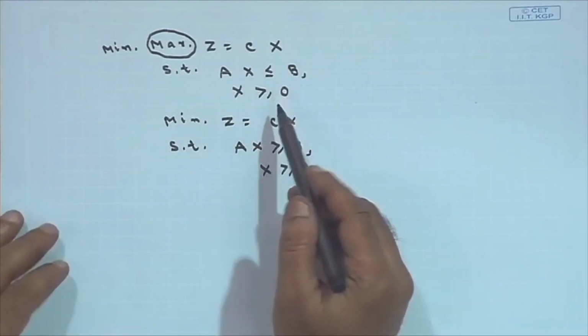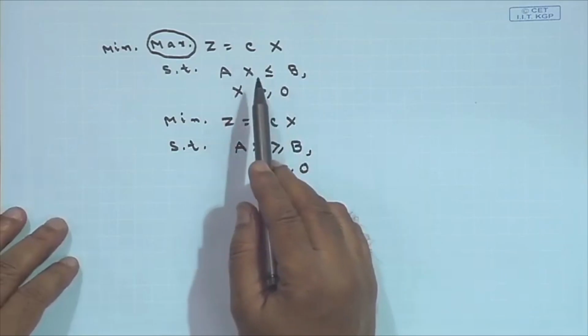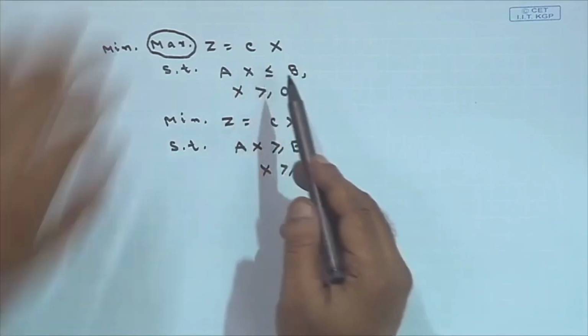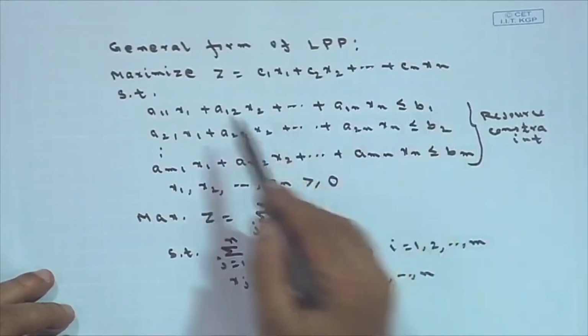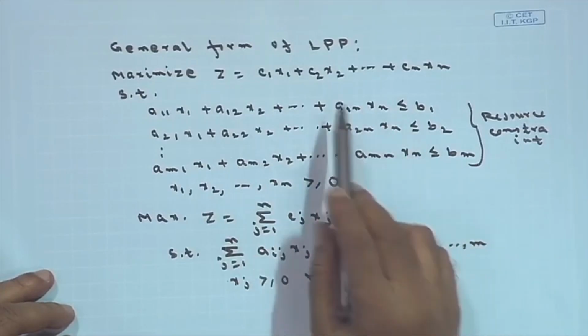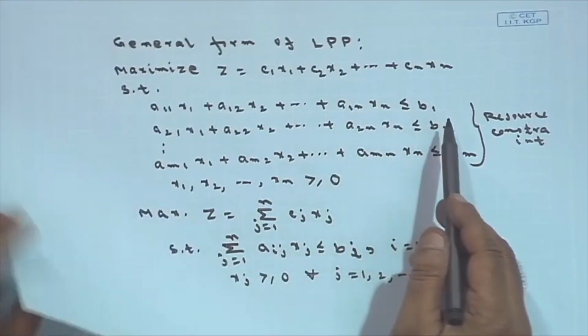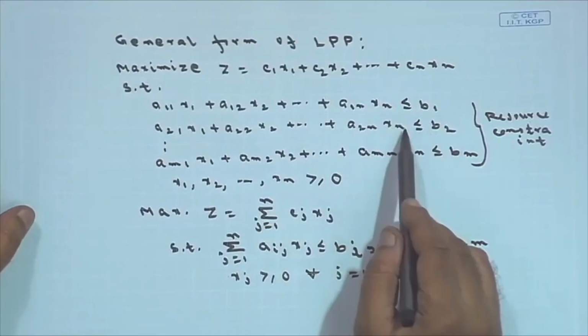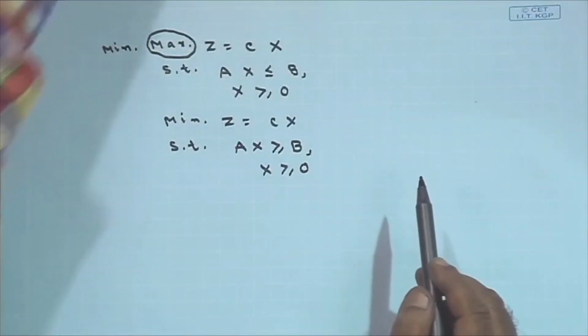In an LPP, you have m equations and n variables. I have to find the solution of these n variables which will satisfy the constraints.